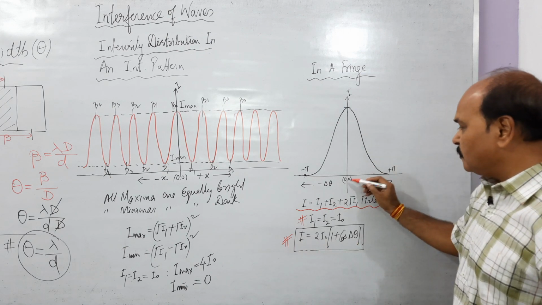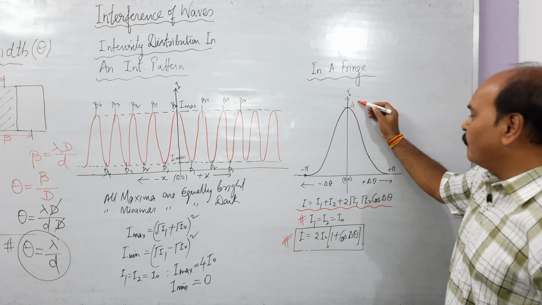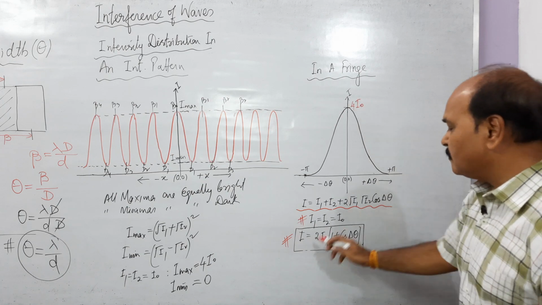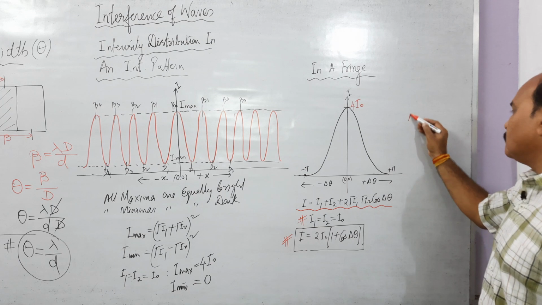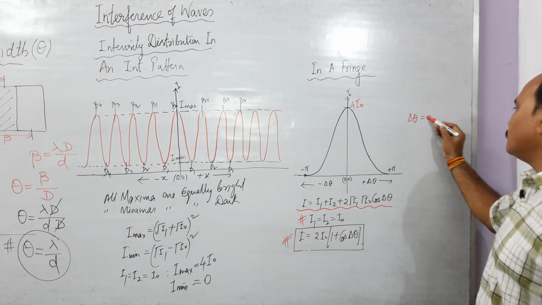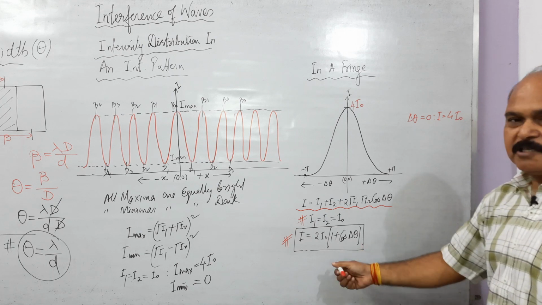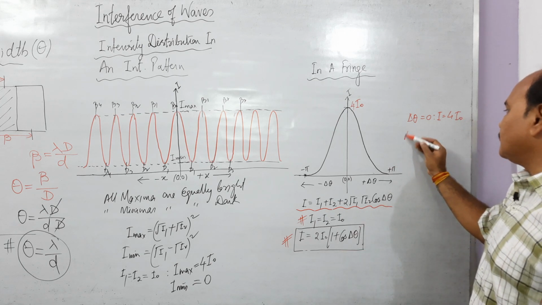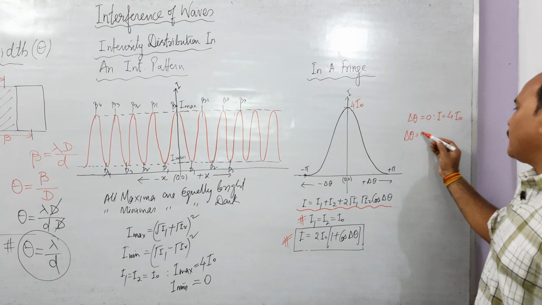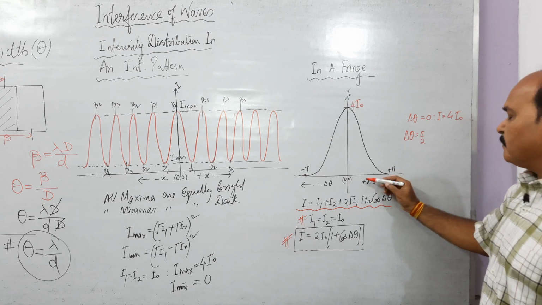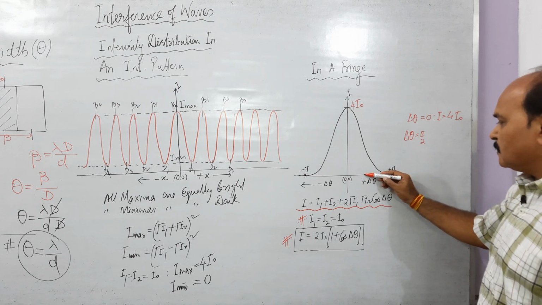When delta theta is equal to 0, what is the intensity? If you put delta theta as 0, we get I as 4 I0. Just substitute here and see. And if delta theta increases and becomes, say, pi by 2, it would be somewhere here.